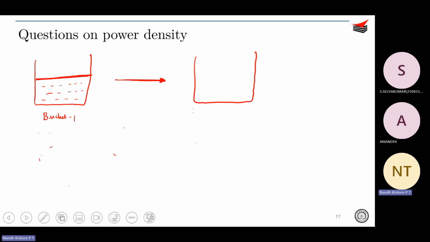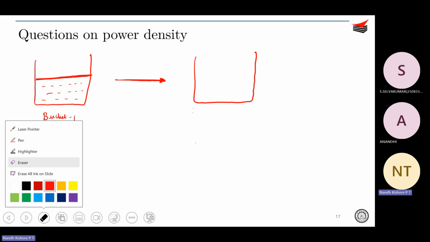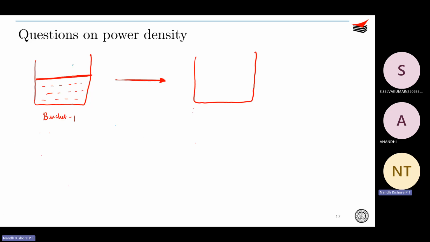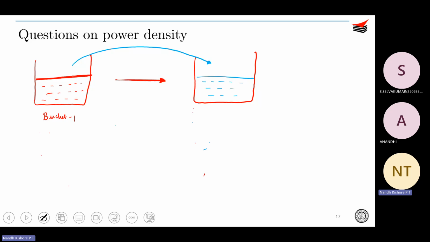So you want to take the water from here to here, and thereby fill it. So this is what we want to achieve: we want to fill bucket 2.